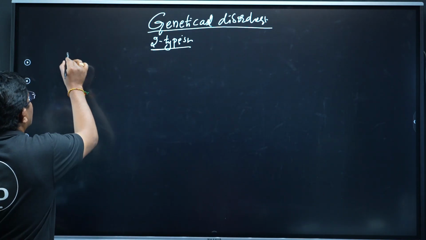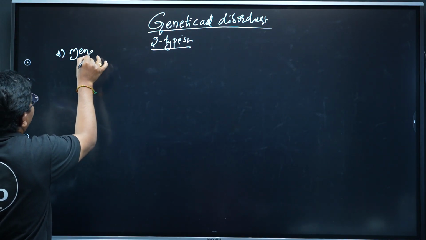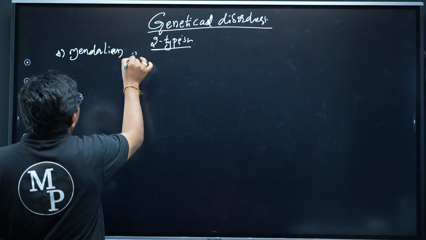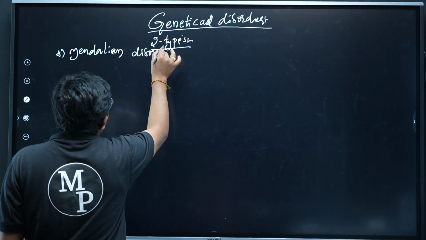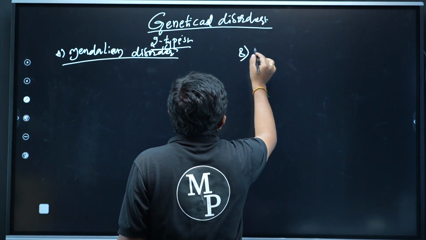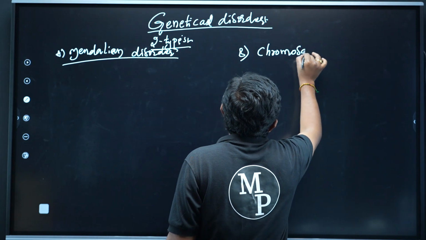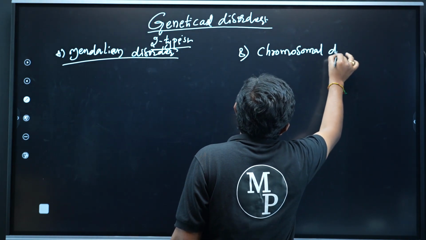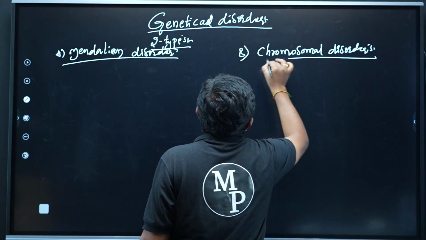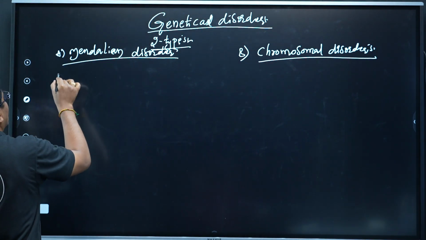One type is Mendelian disorders, and the second type is chromosomal disorders. These are Mendelian disorders and chromosomal disorders.